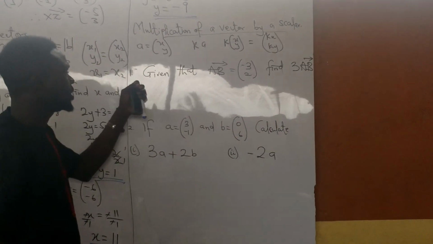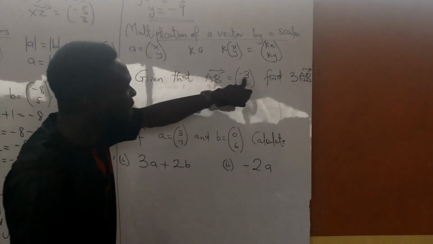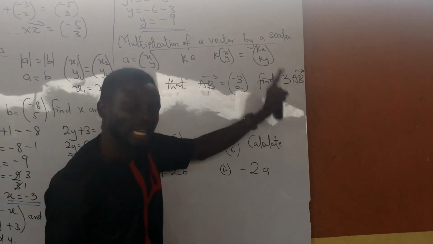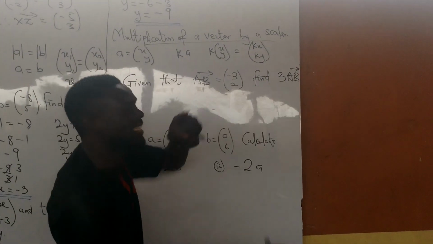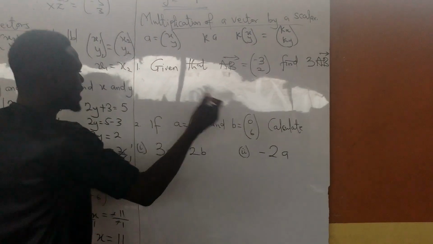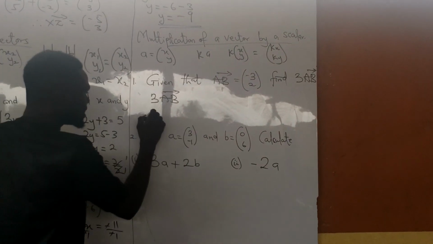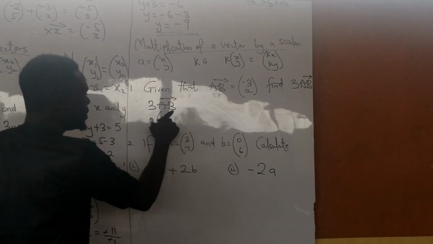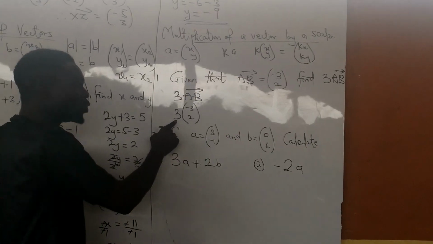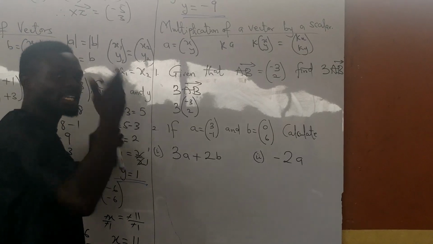So we have the first question here. Given that vector AB is equal to negative 3, 2, find 3AB, 3 vector AB. So the 3 here is the scalar, which is k, and you are using it to multiply the vector. So the 3 is the scalar, which is multiplying AB. What is AB? Negative 3, 2. So this 3 will multiply each of the elements in the vector.